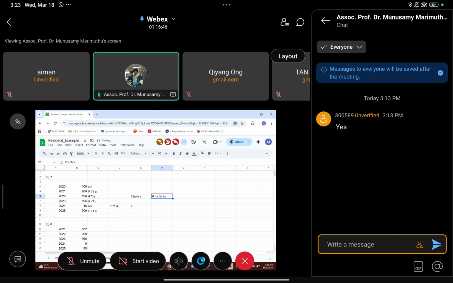All these are considered resident. The 3 must be resident. Yes, he's resident. Then after that, 1 after, he becomes a resident.